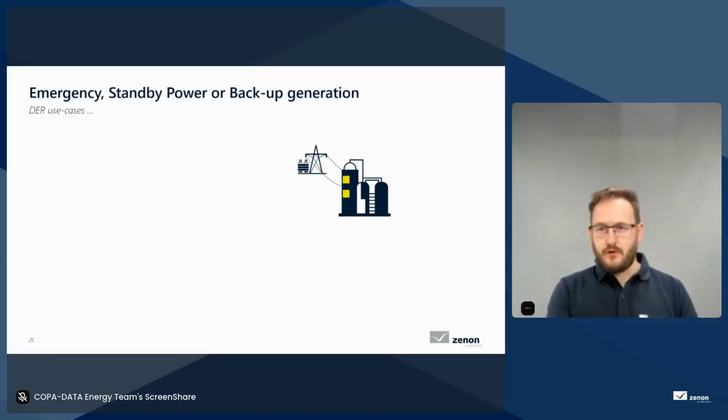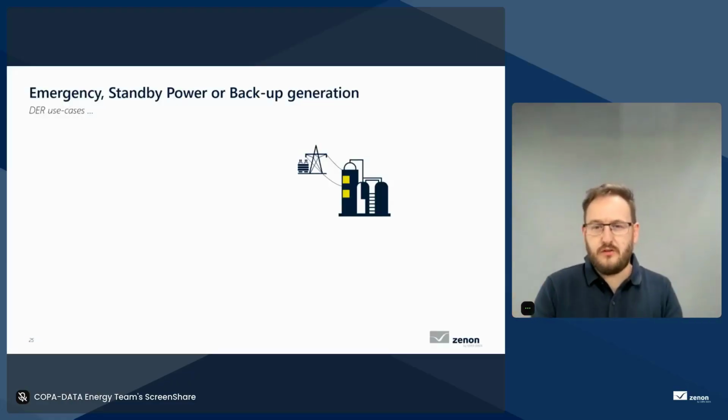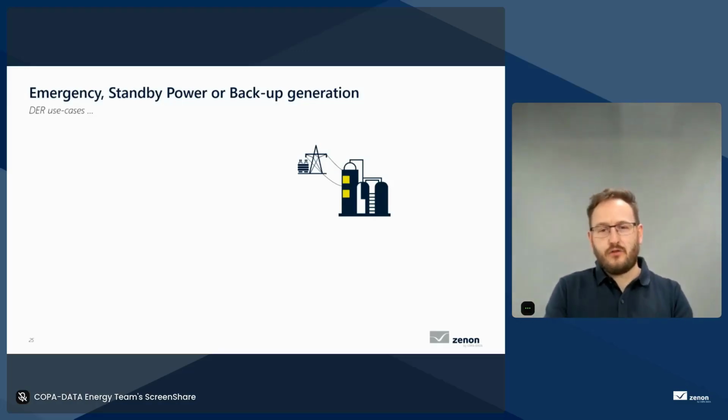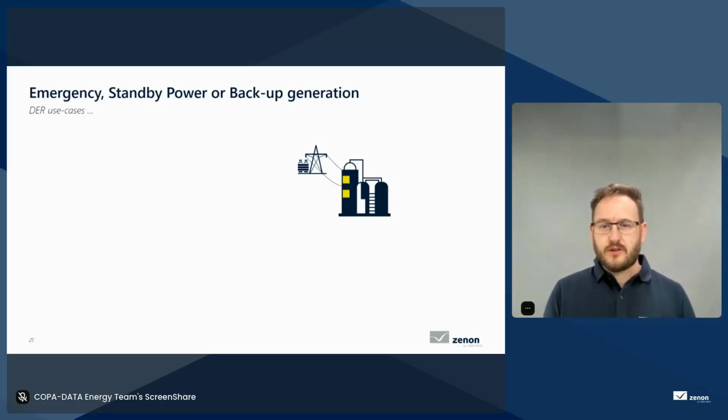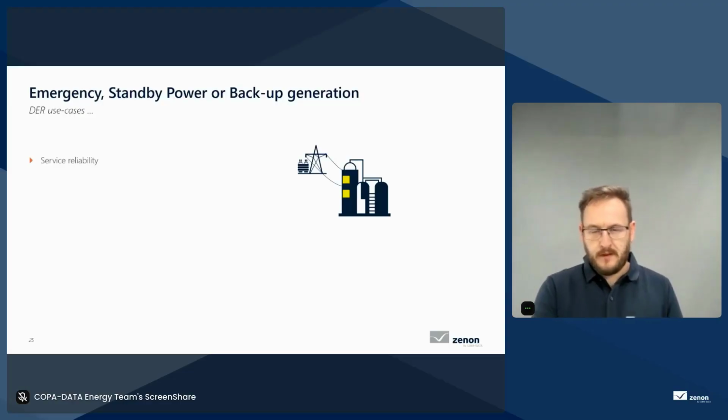So I've picked out a few examples of potential use cases and requirements for a DER deployment. Let's start off with quite an easy one to understand. We have a specific facility, and we want to ensure that we have emergency standby power or backup generation.